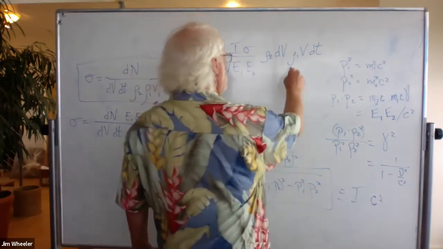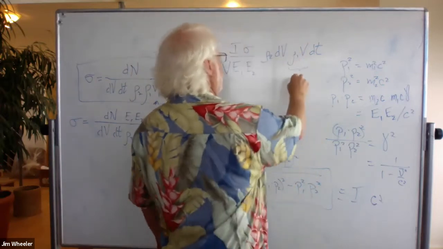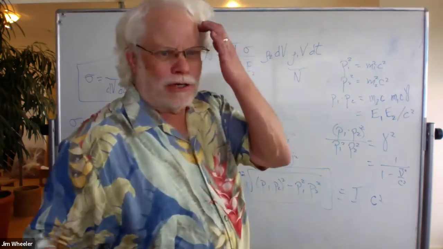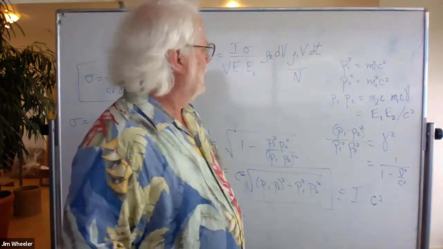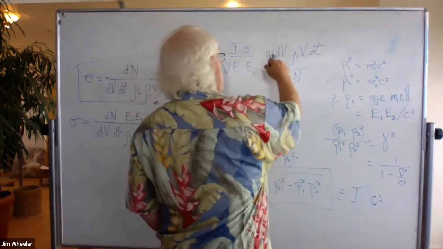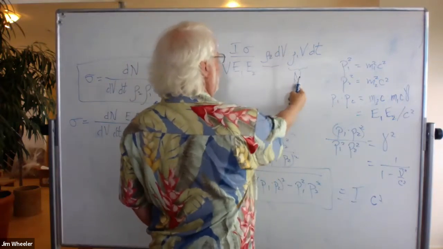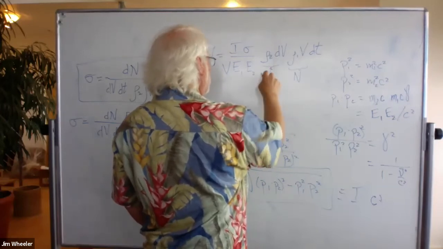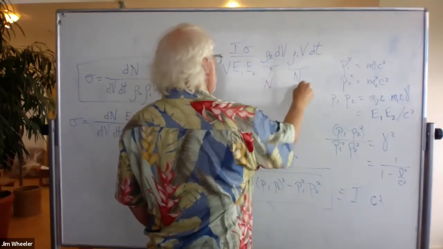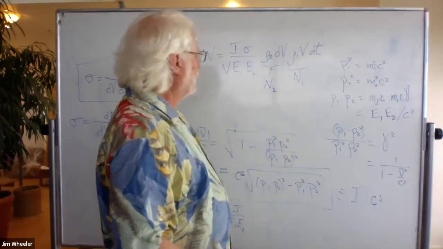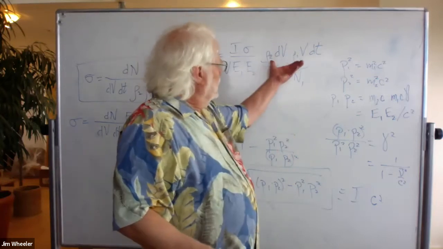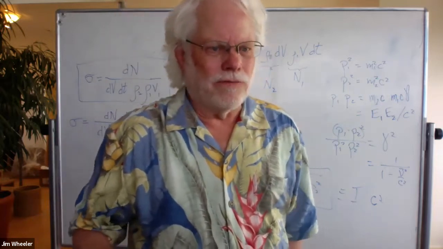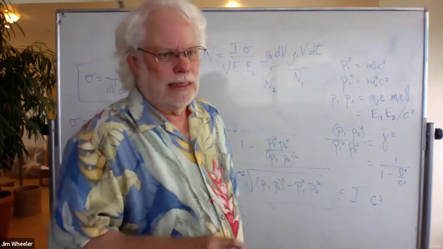Now what I want to do, all right, rho 1 v1 is the number of incident particles. And now if I integrate over the volume, that's just some number now. If I integrate over this dV, this is just the number of particles of type 2. So these two just become the total numbers of particle 1 and particle 2.